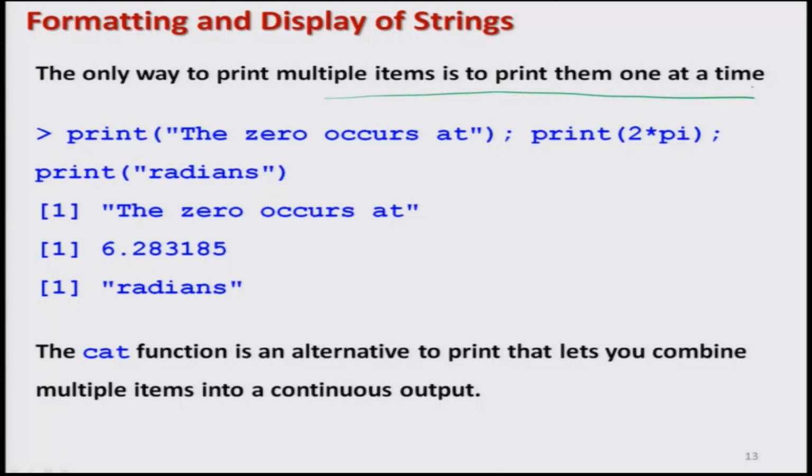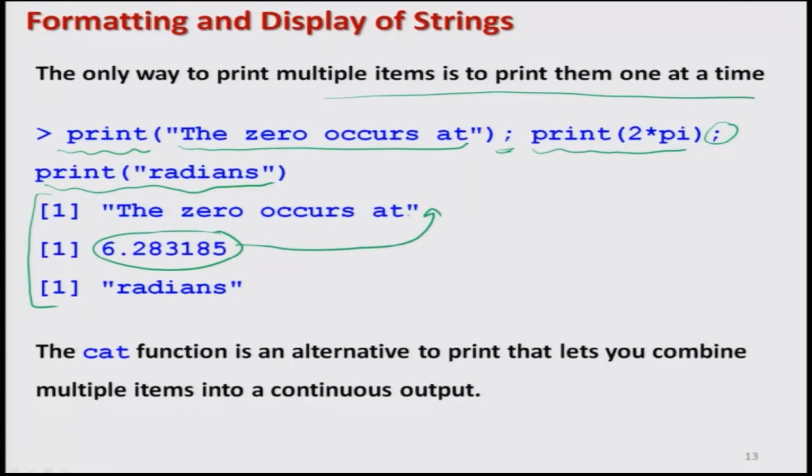So, now if I use my print command and say print "The 0 occurs at", separated by a semicolon, then print 2 pi, separated by a semicolon, then print "radians", it will give me this type of outcome. But still that is not what is needed, I want this value to be here and this "radians" to come after it. So, now how to get it done?